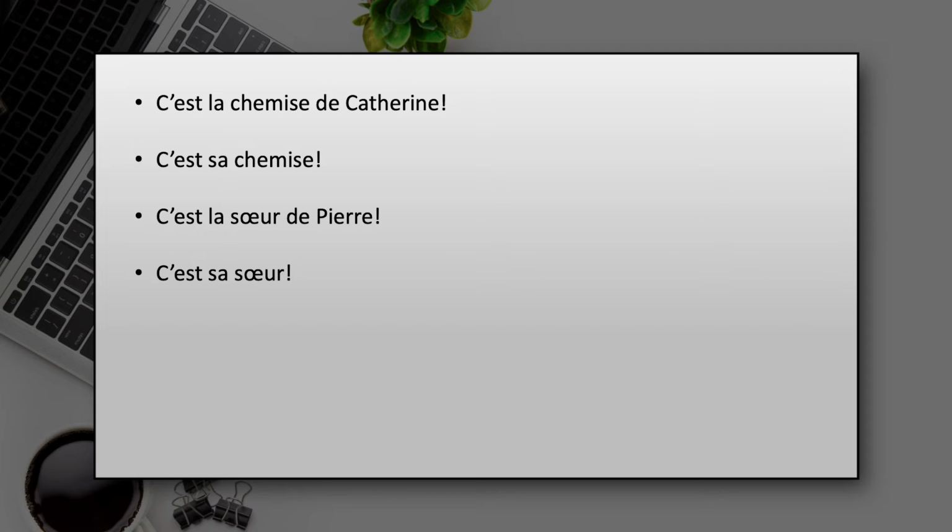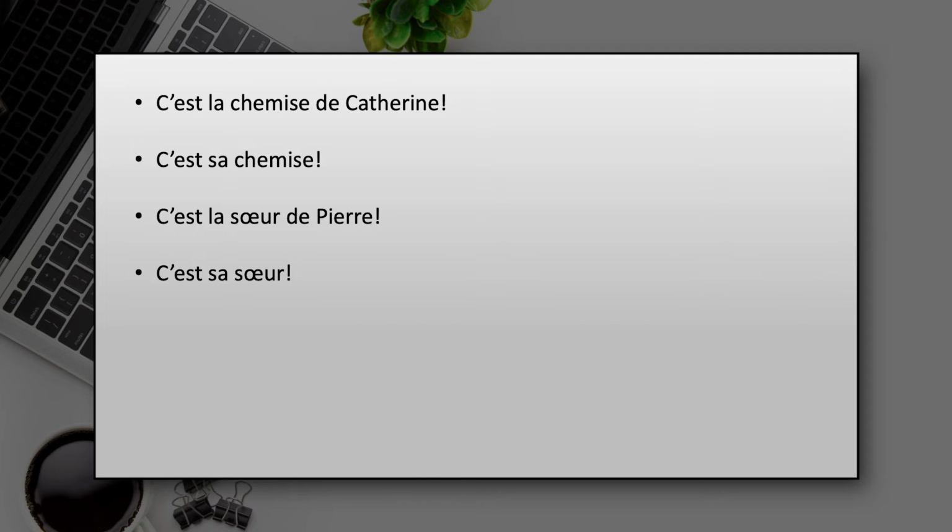C'est la chemise. But you have to also remember that in English, the possessive adjectives are very different in this particular case. Just see how. C'est la chemise de Catherine means it's a shirt that belongs to Catherine.